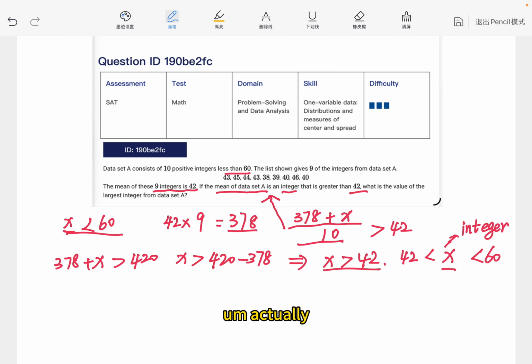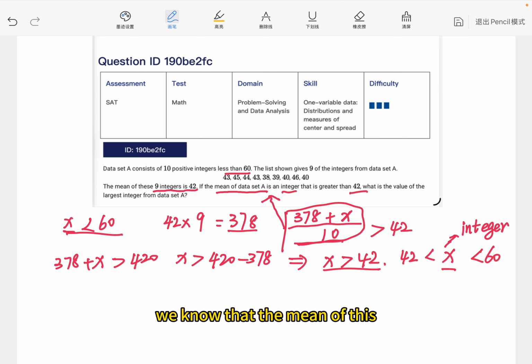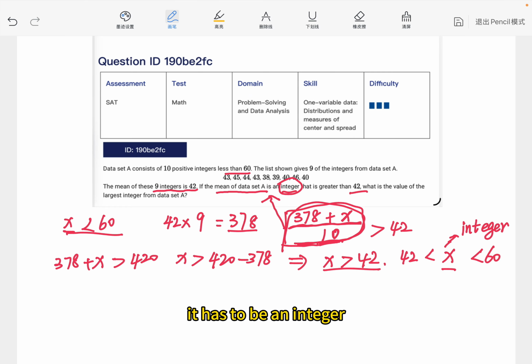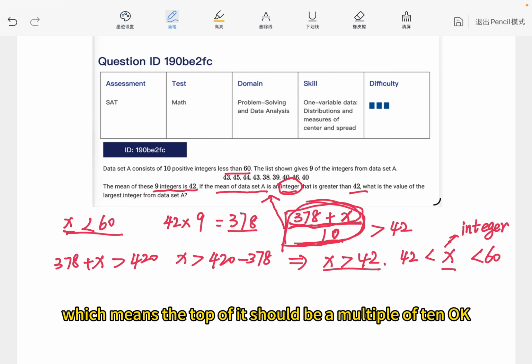Actually, we should now revisit this formula here. We know that the mean, which means this formula here, is also an integer. So if that's the case, this is a number divided by 10. It has to be an integer, which means the top of it should be a multiple of 10.